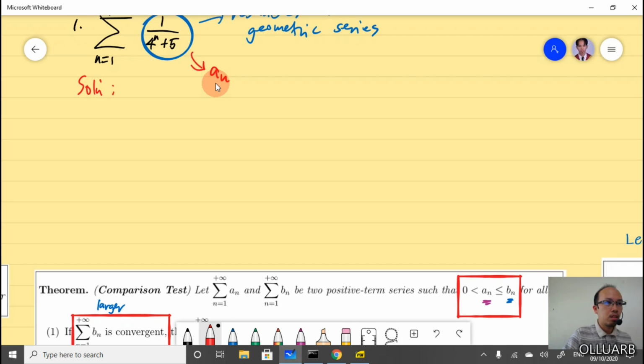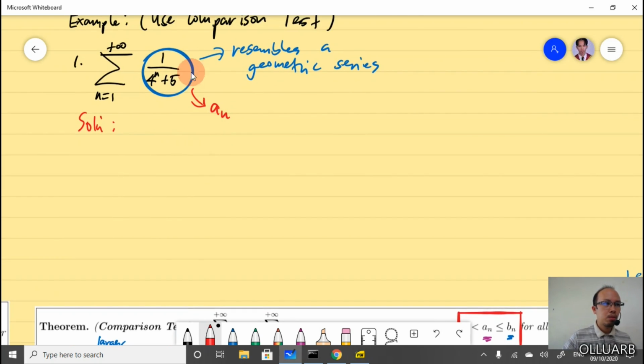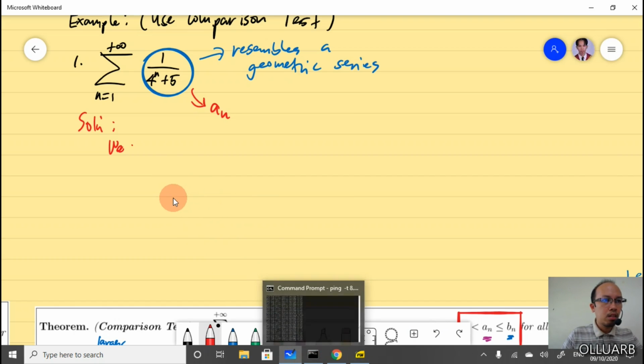The known series is a geometric series, except that we have to eliminate this term here, plus 5. So we will compare the series.